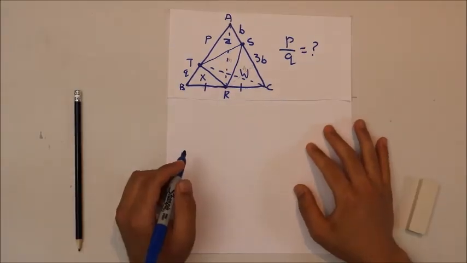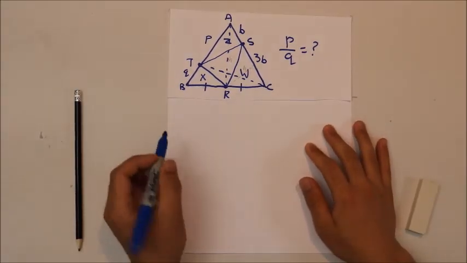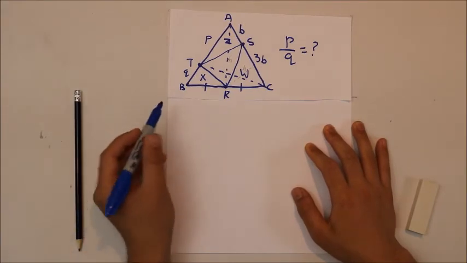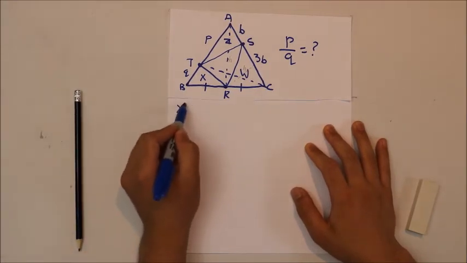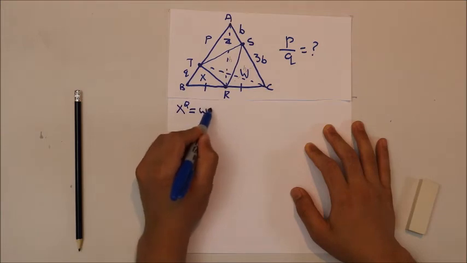Now that we have all three equations, we can plug in their values into the equation we were given at the beginning, which was X squared is equal to WZ.